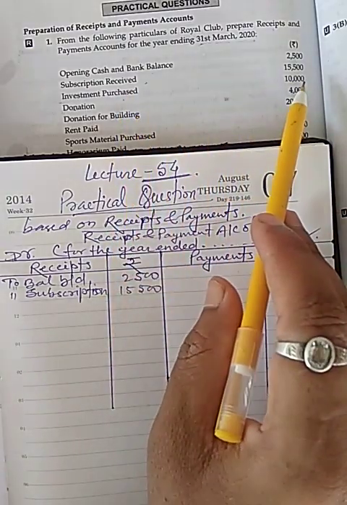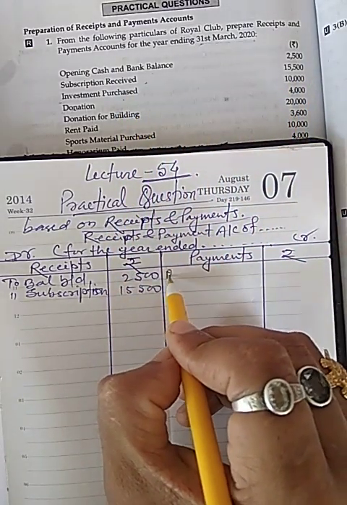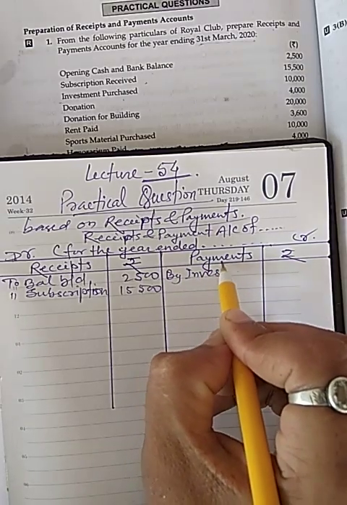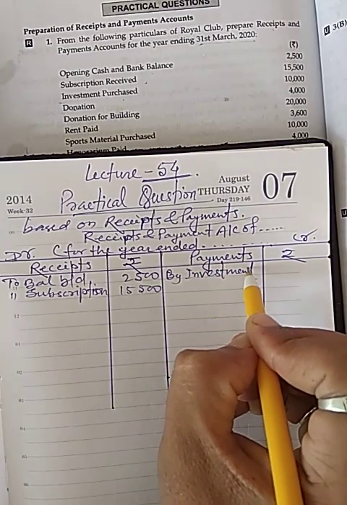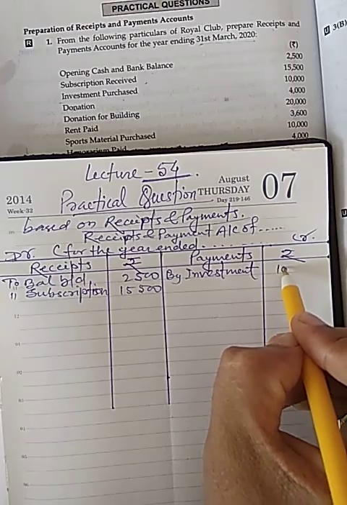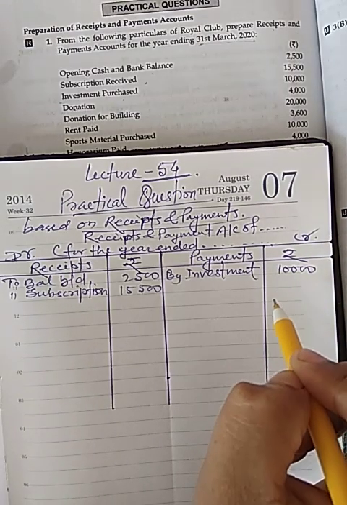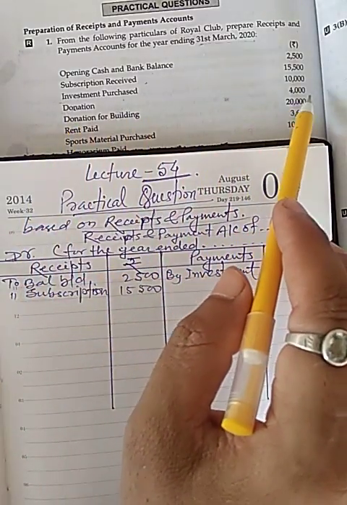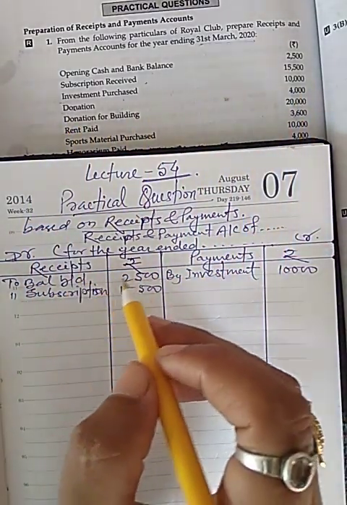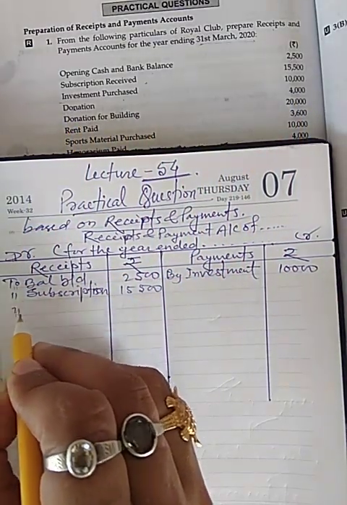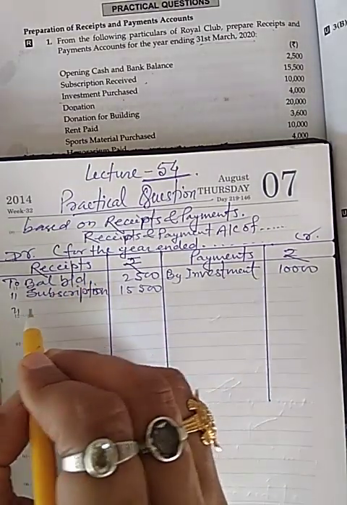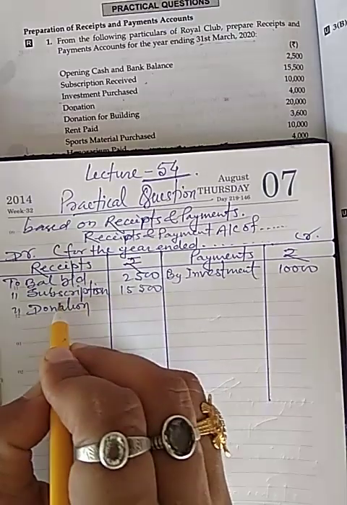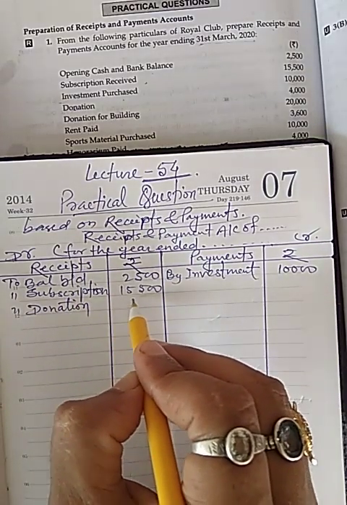It will be payment. So I will write by investment 10,000 rupees. Now next thing is donation 4,000. So donation received in receipt side, donation 4,000.